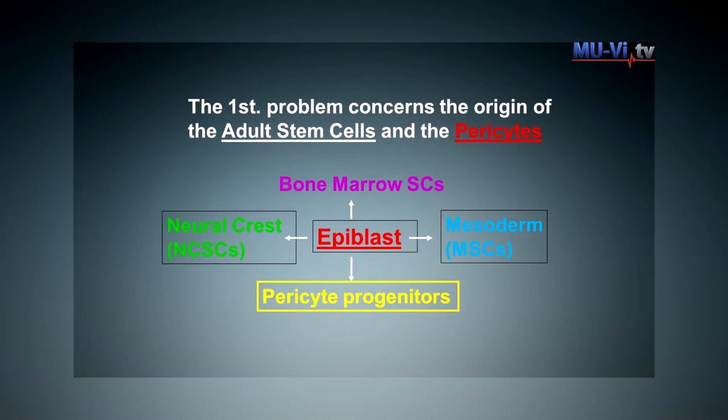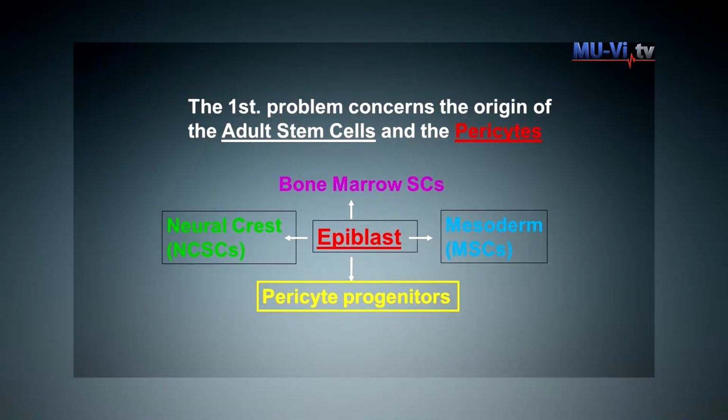As I said, we have also found that the pericytes are a very serious part of this process.